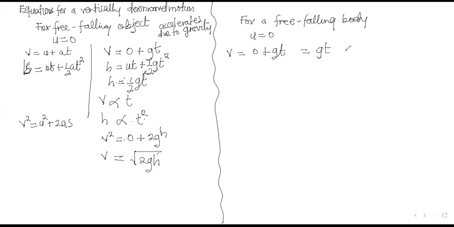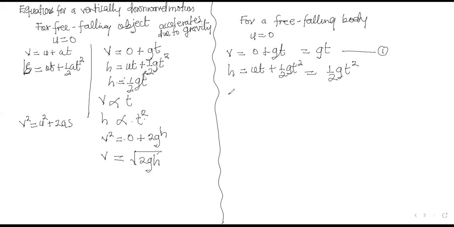The second equation, h is equal to ut plus half gt squared, and because u is 0, h will be equal to half gt squared.